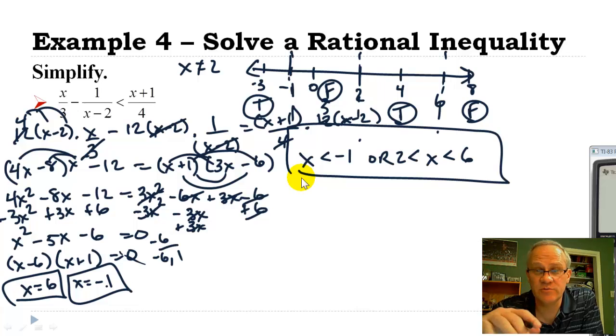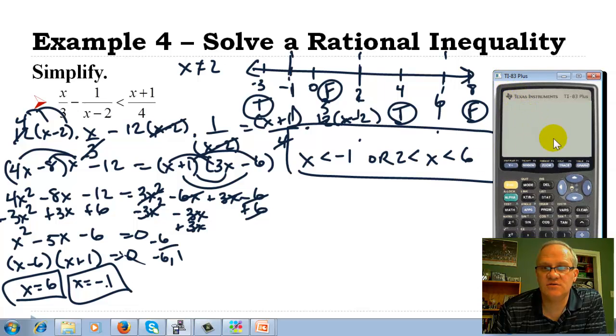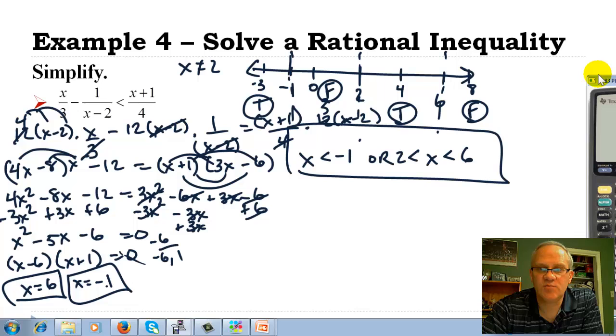Again, I'm just saving a little bit of time so that we don't have to plug in all this stuff. But that's what's going to happen there, is you find out what's true and what's not true. And again, if you really, really need to, you've got a calculator, you can use that and plug in numbers to help you see what's true and what is not true.